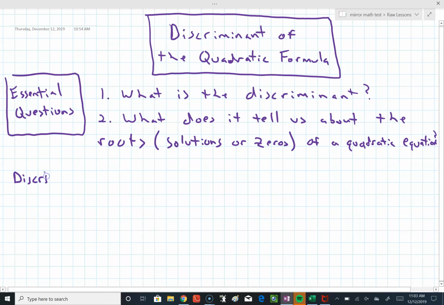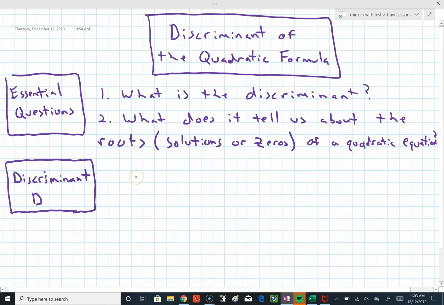Discriminant. I'm going to use D to abbreviate this for the rest of the video. That's not a standard notation, but it will be for us here.